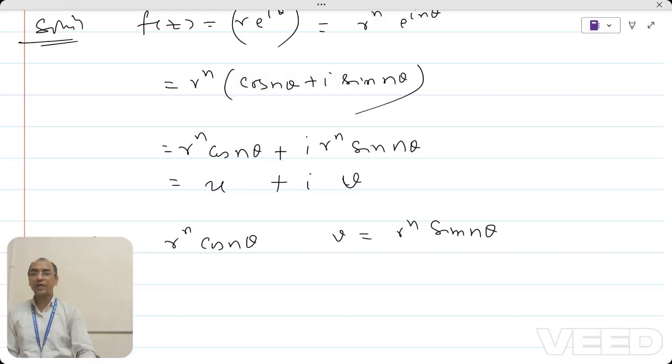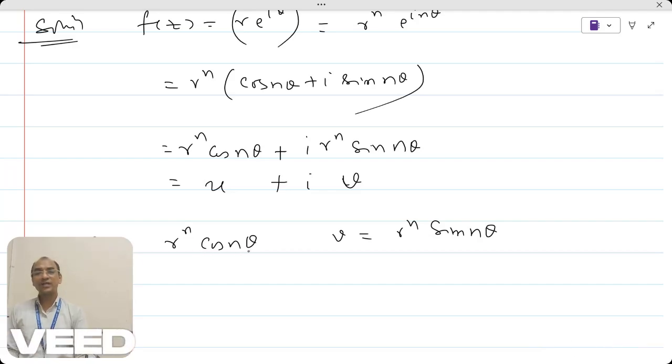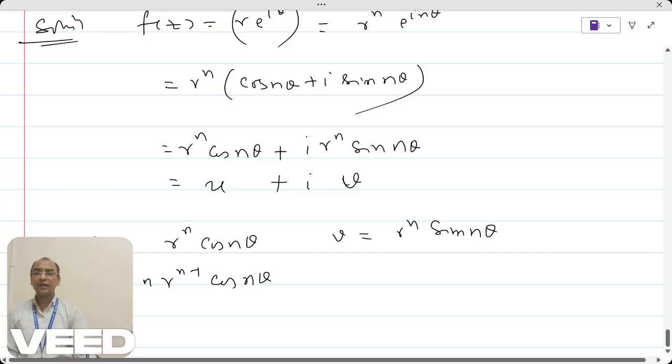Now you find u r, which means the derivative of u with respect to r. Here cos n theta will be constant. The derivative of r to the power n is n into r to the power n minus 1, so u r is n r to the power n minus 1 cos n theta. Now find u theta, the derivative of u with respect to theta. The derivative of cos is minus sine, so I will have minus n r to the power n sin n theta.